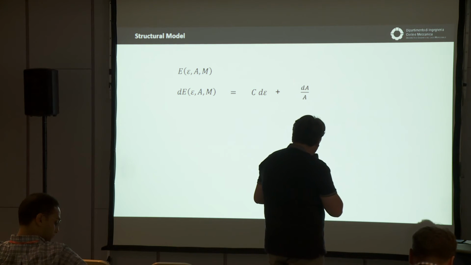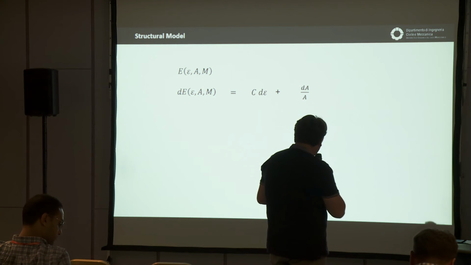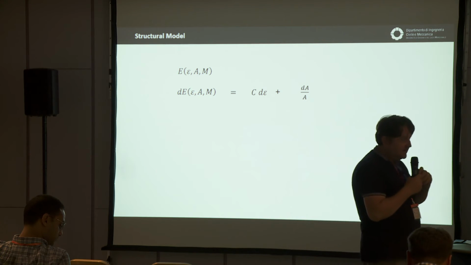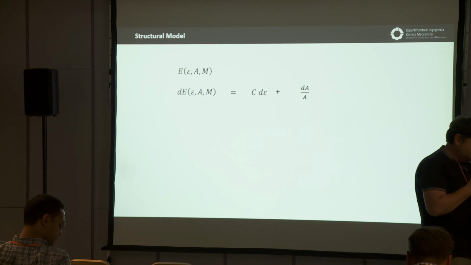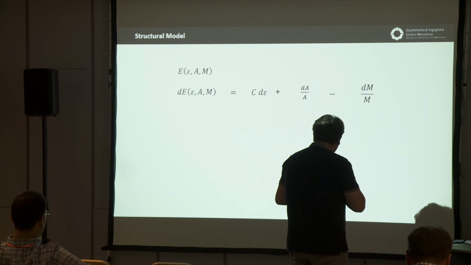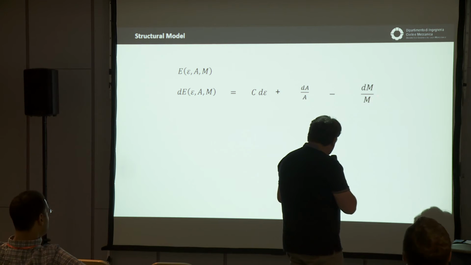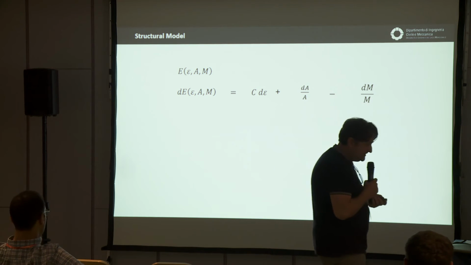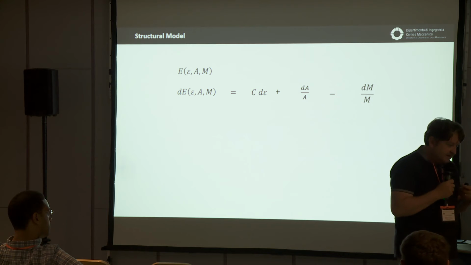Plus, we postulated another contribution of the variation of the austenite. In the same way, we put the contribution of the martensite with the minus sign because the austenite transforms into martensite and vice versa.